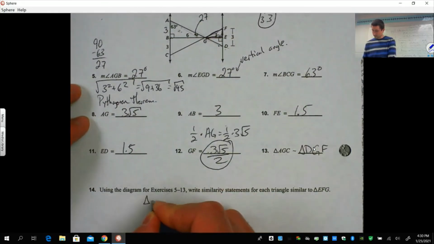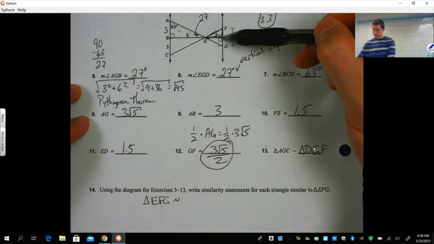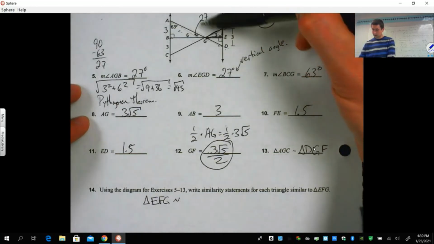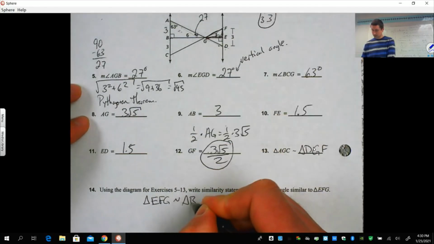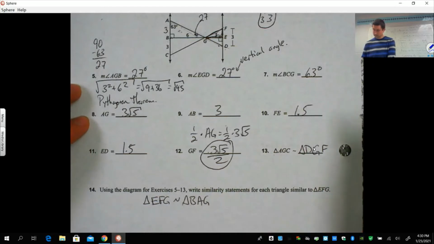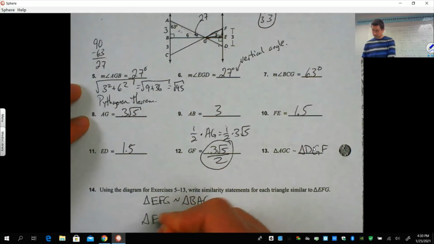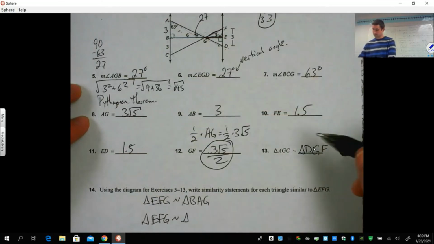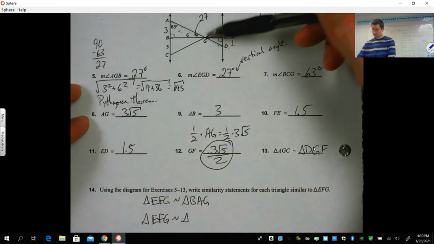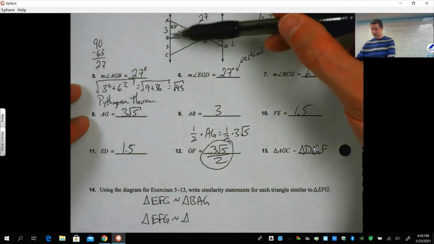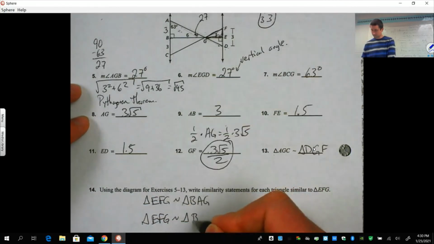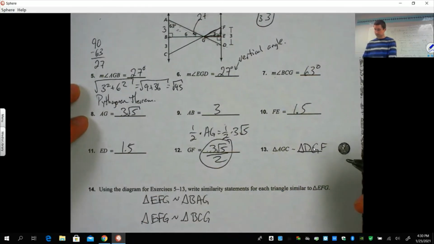Triangle EFG is similar to triangle BAG, E goes to B. The other one: triangle EFG is similar to triangle BCG.